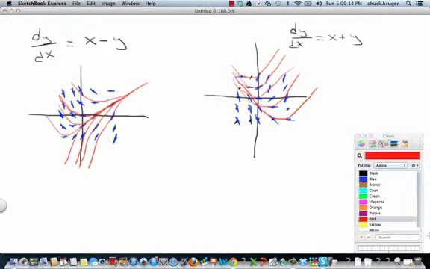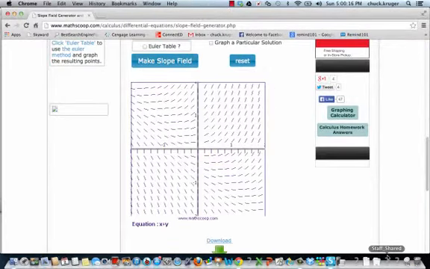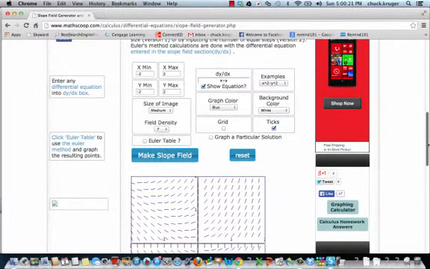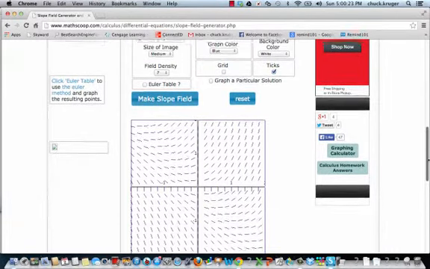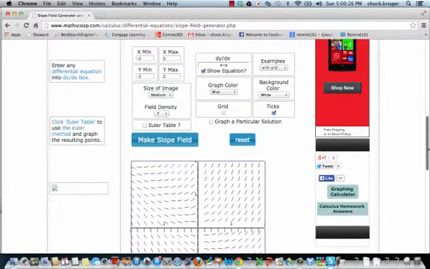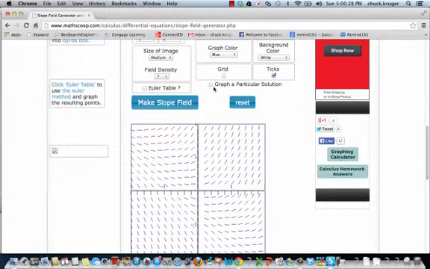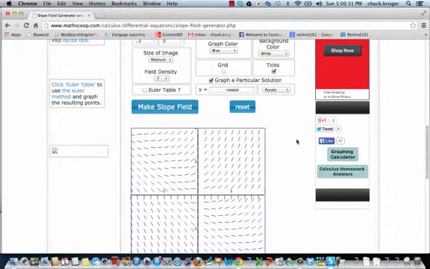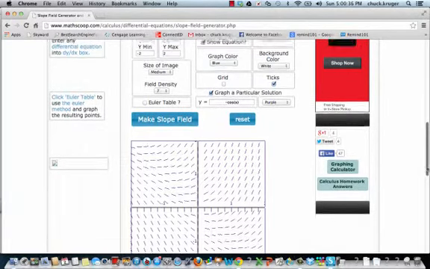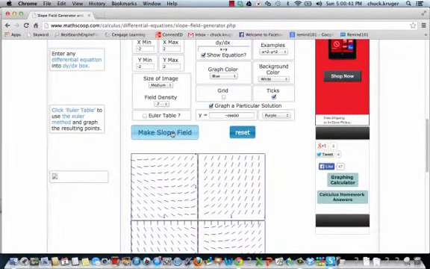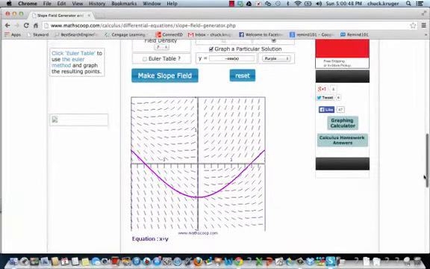Alright, so let's go. I did get an emulator. And what I have here, I have x plus 1. Right here you can see where it is. This is the last one I did. Let's graph a particular solution. See if that's the particular solution that I'm looking for. And there, that's that particular one right here.